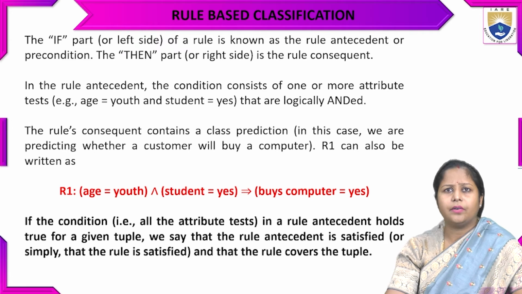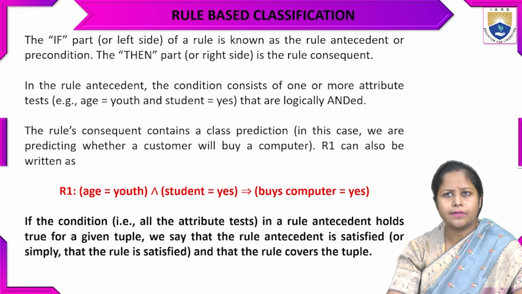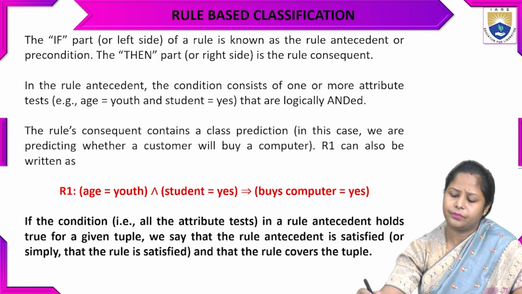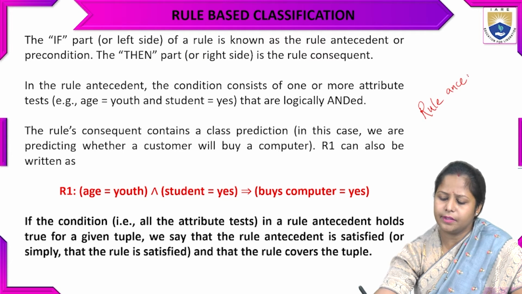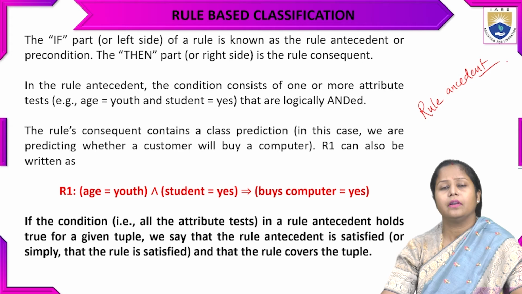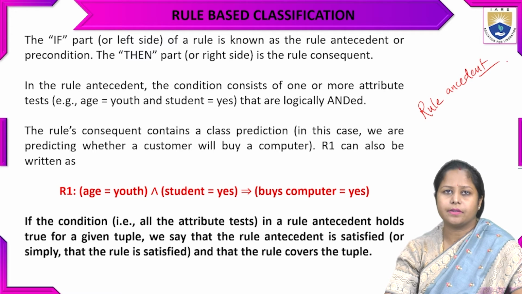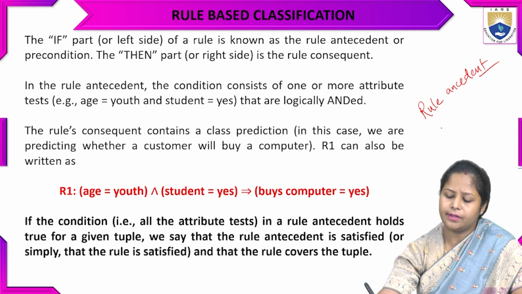The if part, or left side of a rule, is known as the rule antecedent. We can also call it a precondition. The then part, or right-hand side, is the rule consequent.